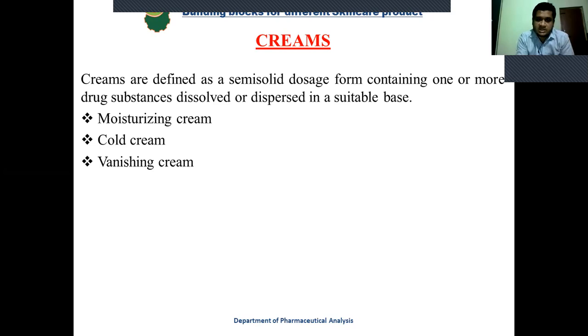Since the vanishing cream has already disappeared, it will not appear after applying any other product. Whenever you apply the makeup, only the makeup will be visible, but the cream will not be visible at all. Okay, so these are the types of cream that we discuss in this particular topic.